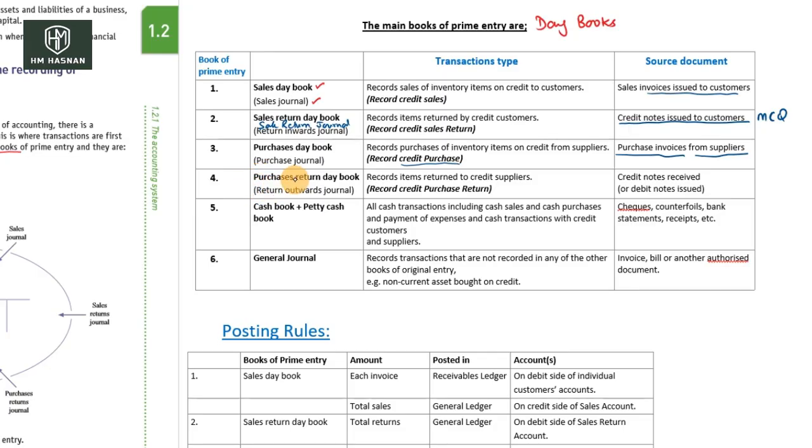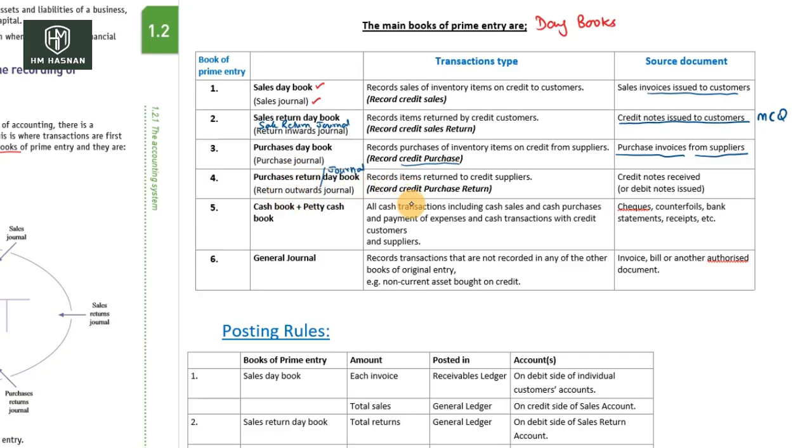The fourth one is purchase return, also called purchase return day book or purchase return journal. The other name of purchase return journal is return outward. Return outward means the business is returning goods to the supplier.